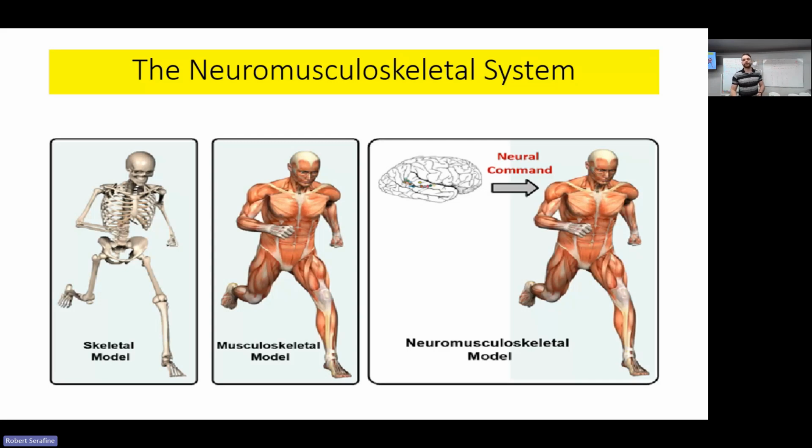And of course, none of this is possible without the input of the nervous system, which is controlling, monitoring and regulating the contraction of these muscles, how fast it's happening, the position of the muscles, and so on and so forth. So all three of these systems combined create our locomotive system, which produces our movements.